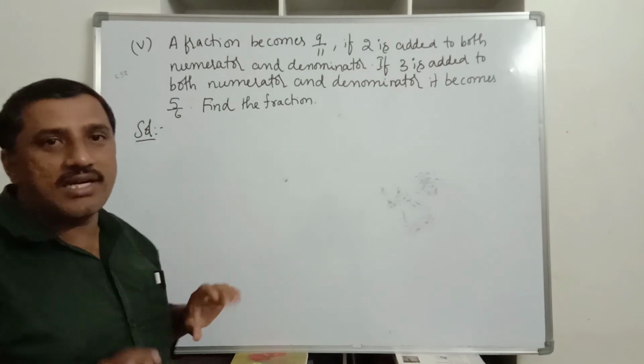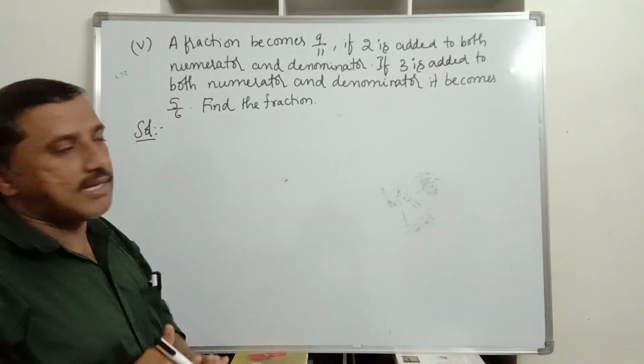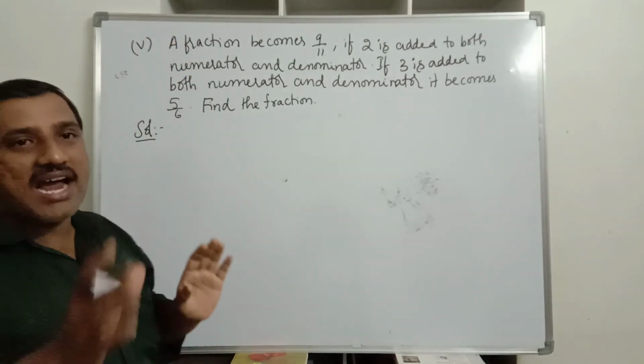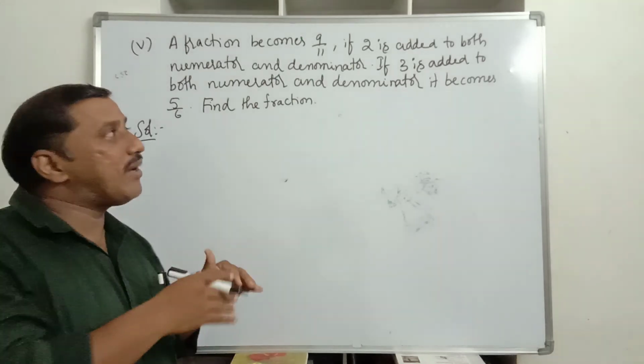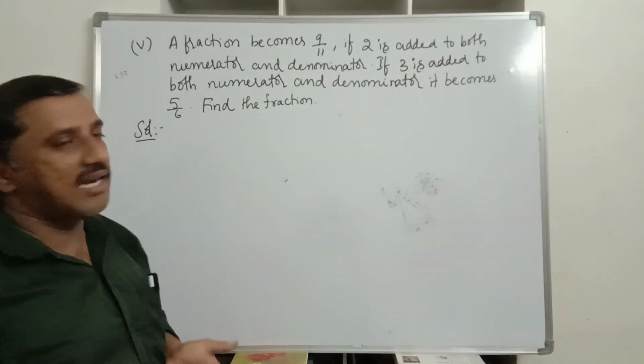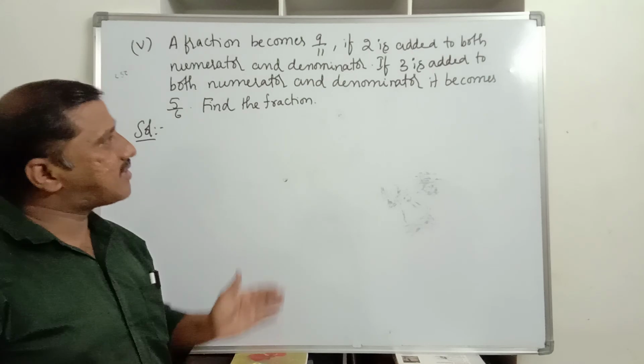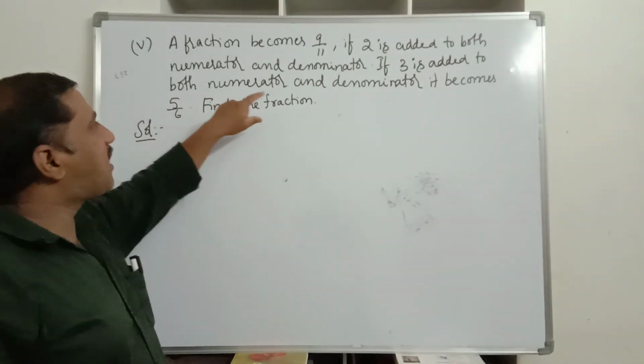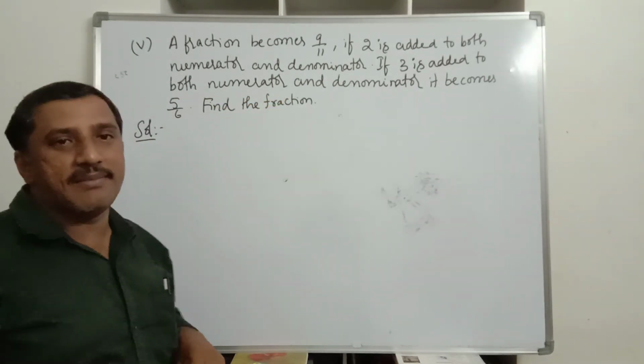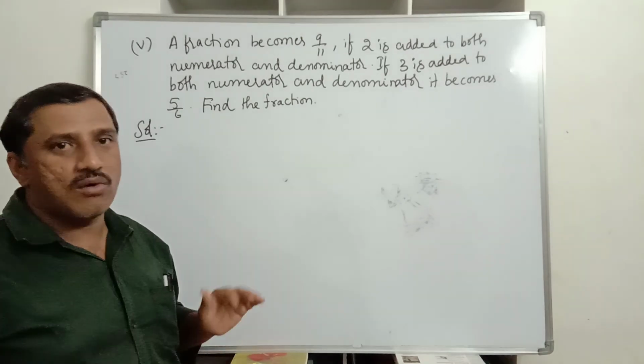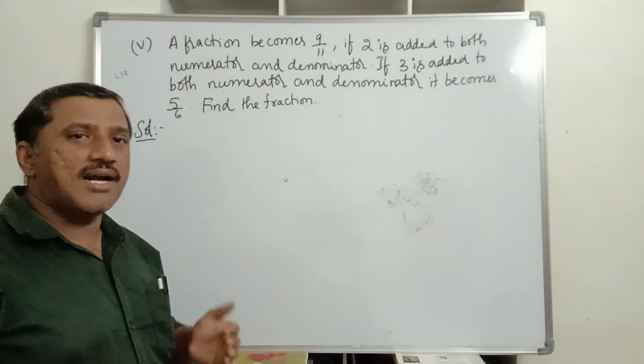So in this question, two statements are there, two cases. The first case is the fraction will become 9 by 11 if 2 is added to both numerator and denominator. Case 2 is if 3 is added to both numerator and denominator, it becomes 5 by 6. Find the fraction. We know that for each fraction we have a numerator and denominator.